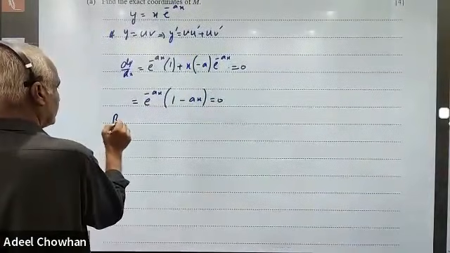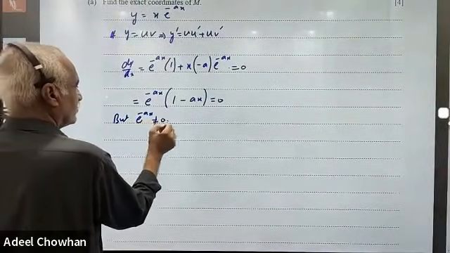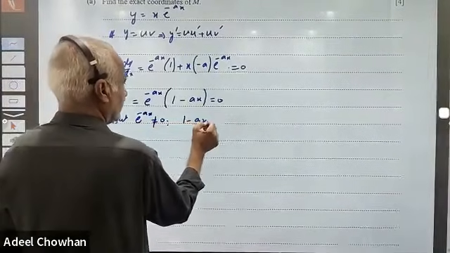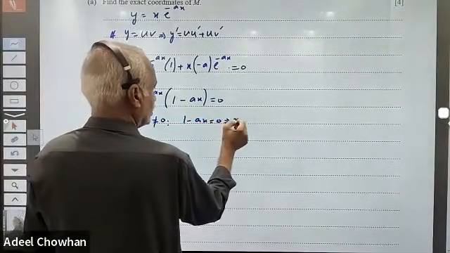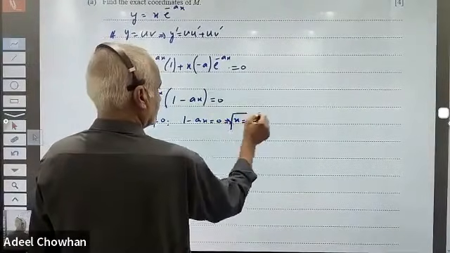But e^(-ax) cannot be equal to 0. So 1 - ax = 0. So this implies that x = 1/a.